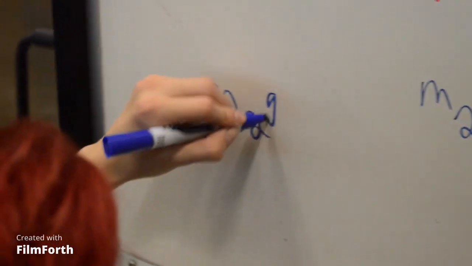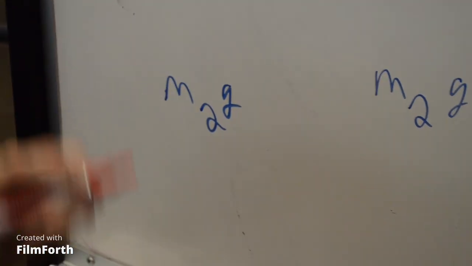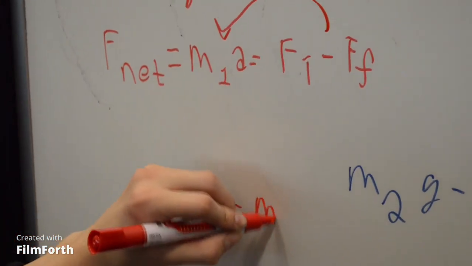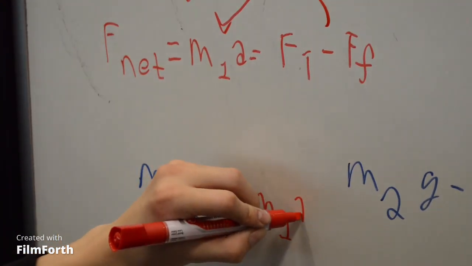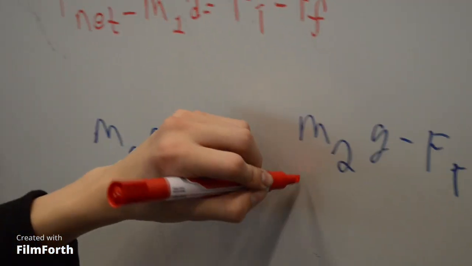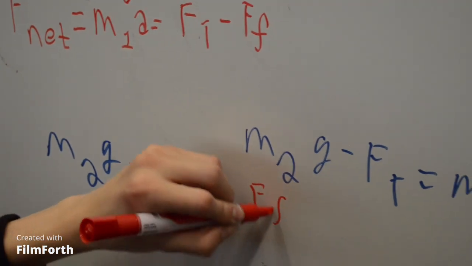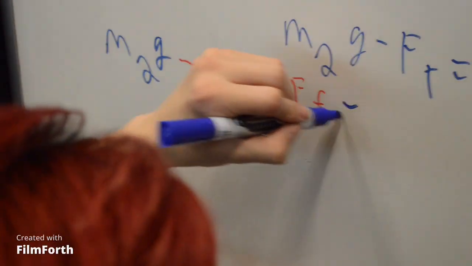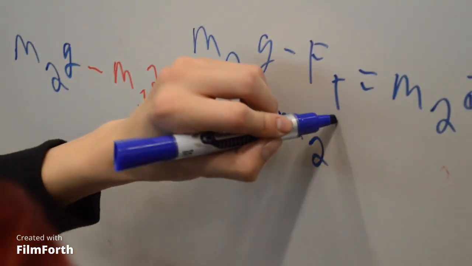Therefore, I have a new expression again. So now I get that the weight of mass 2 subtracted by M1A and subtracting friction will give me the net force on the second mass.